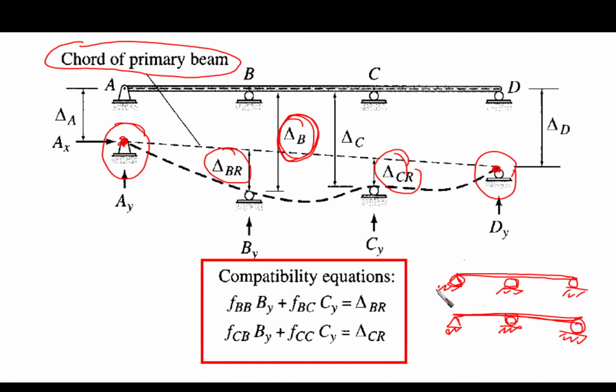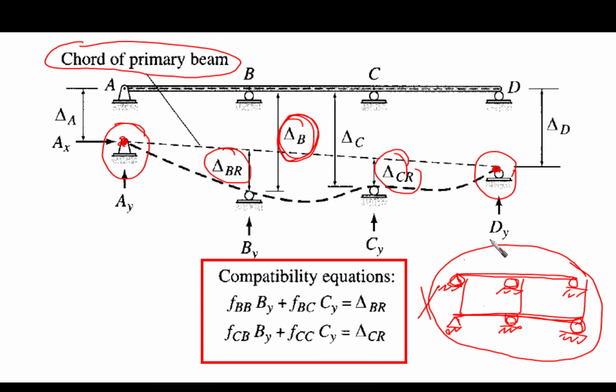This means that nothing happens here. There is no induced deformation or strains or straining action. So no need to use consistent deformation, because all the supports settled with the same value. This is what we call rigid body motion. This means that no strains are going to be developed.